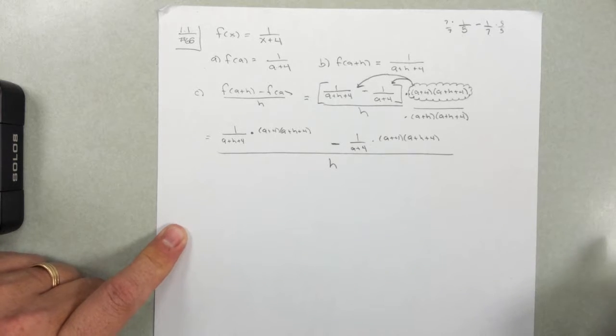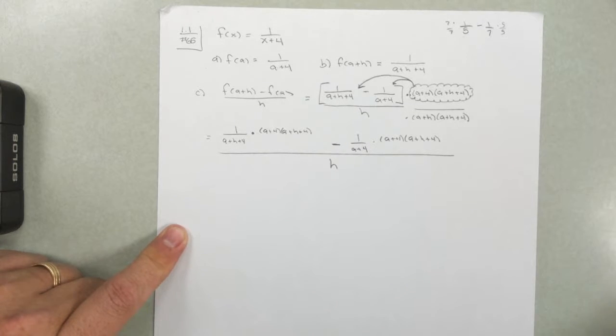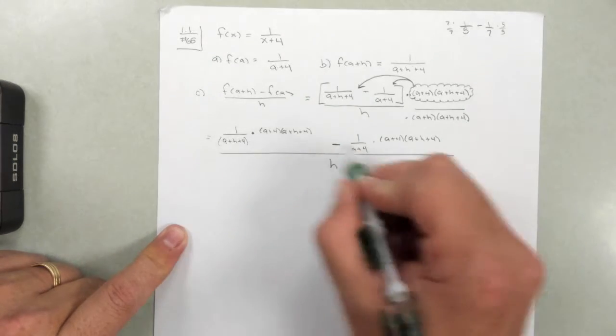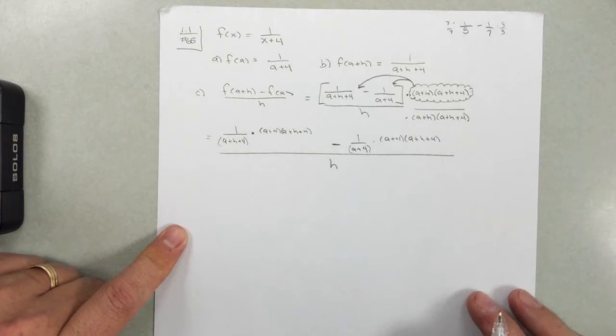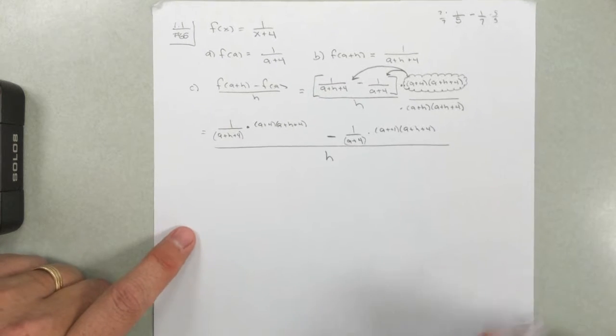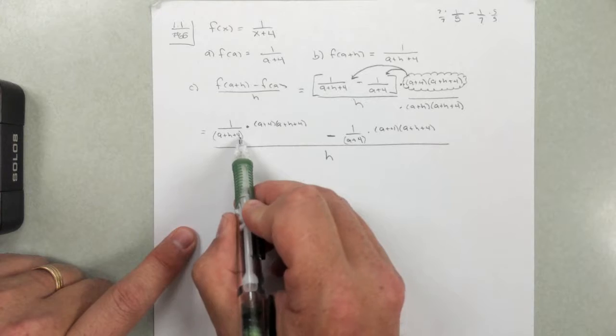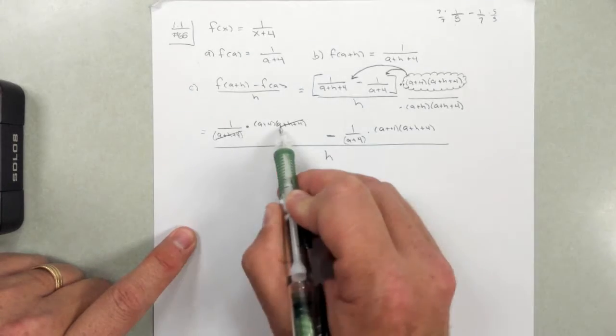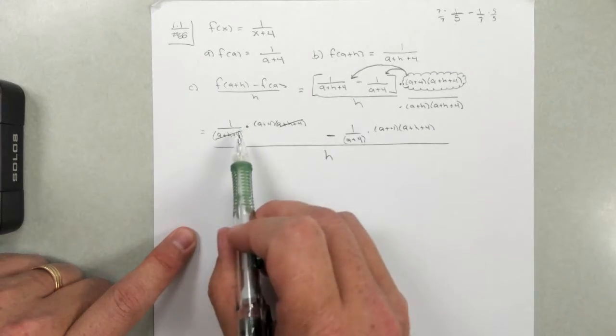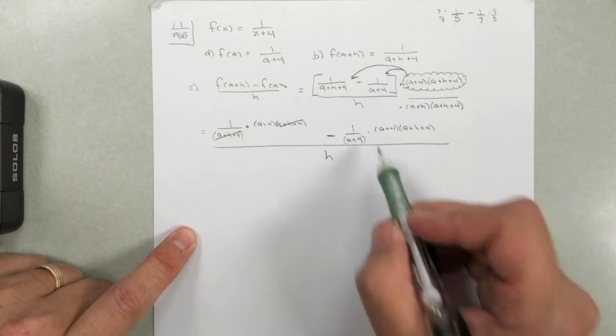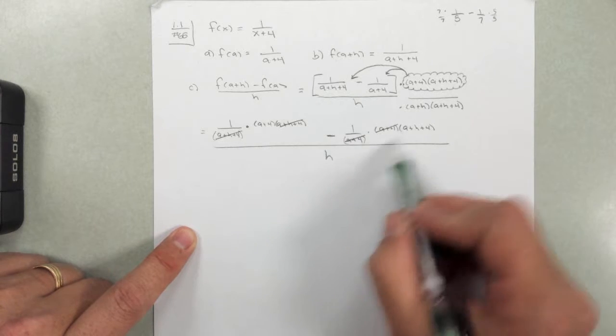And hopefully you see right now why this is kind of a magical step. And I don't mean that as in mysterious, I mean that as in awesome. So you have a plus h plus 4 on the bottom, that cancels out. No more fraction. That's the whole point. A plus 4 cancels out with a plus 4, no more fraction.